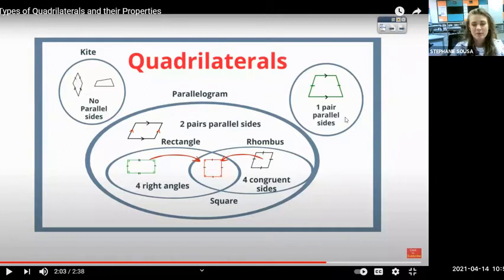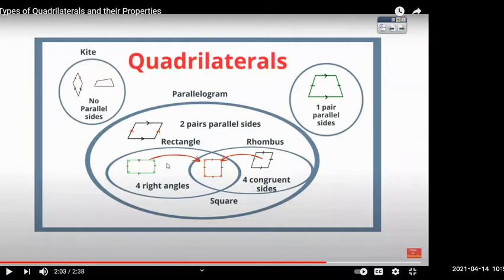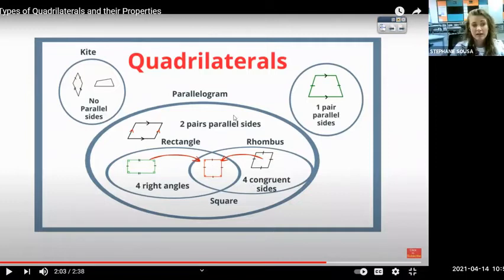So a trapezoid doesn't have a family. Rectangles, squares, and rhombi do have a family, and their family is the parallelogram. Okay, so remember, a square is a rhombus, and a square is a rectangle, and a square is a parallelogram. Its most specific name is square.